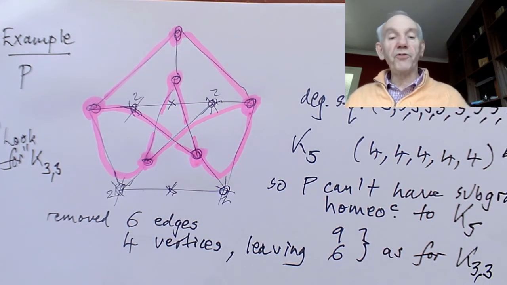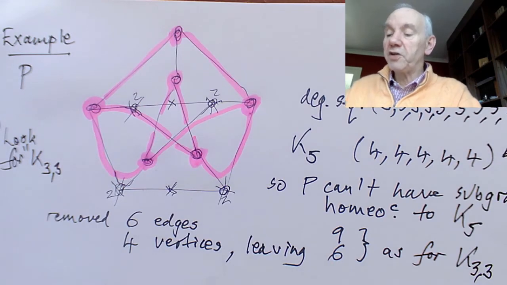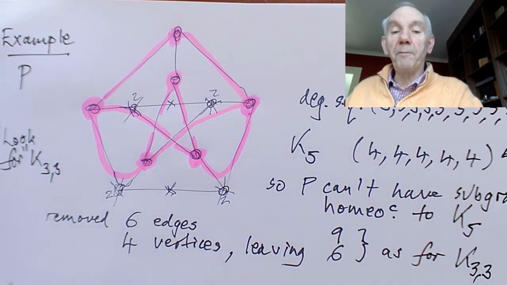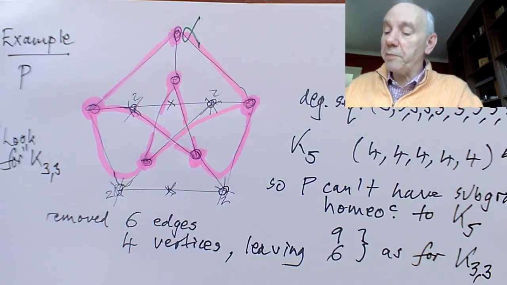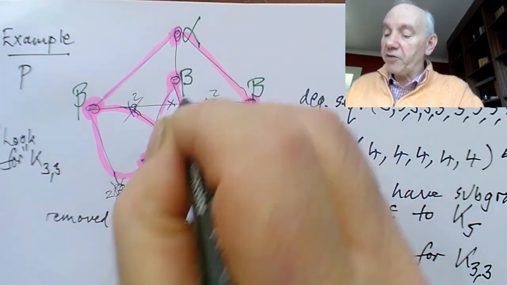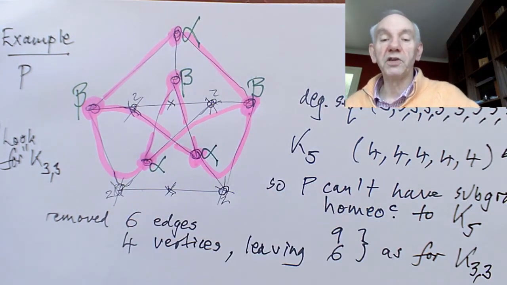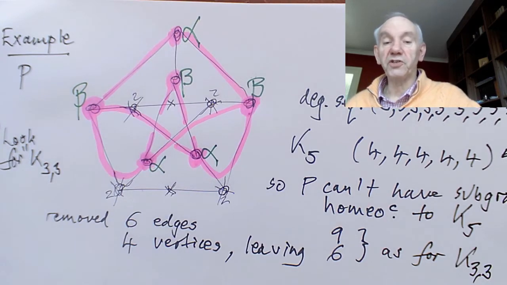You can do that from the idea of colouring. K3,3 has to be a bipartite graph. So if we colour this vertex alpha, these 2 vertices would have to be beta, as would this vertex, leaving these 2 vertices to be alpha. And that's a 2-colouring because no alpha vertices are joined and no beta vertices are joined.